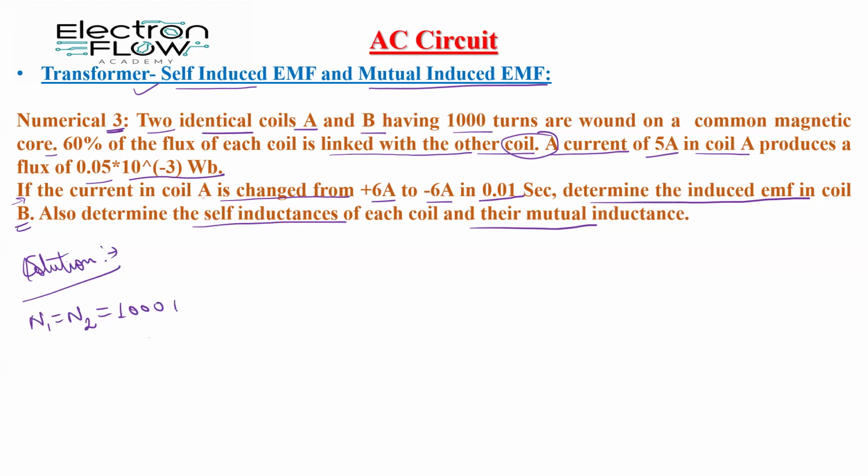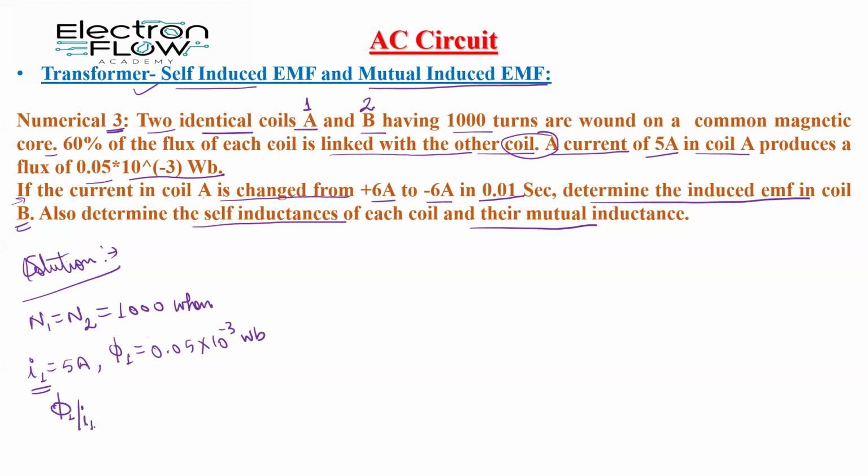When I1 is 5 ampere, phi1 is 0.05 into 10 raised to power minus 3 Weber. I am assuming coil A as 1 and coil B as 2. So I1 means coil A.